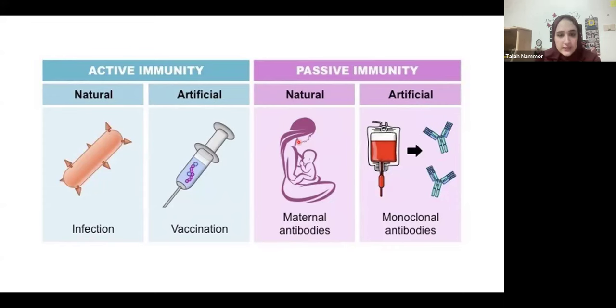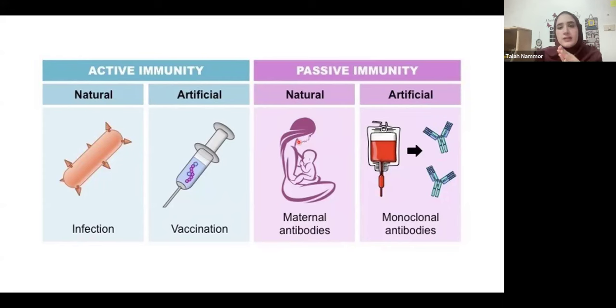Active immunity can also happen artificially through vaccinations. What do I mean? We basically try to mimic the natural way. How do we get our active immunity? By getting infected.